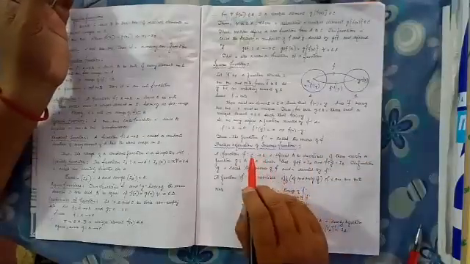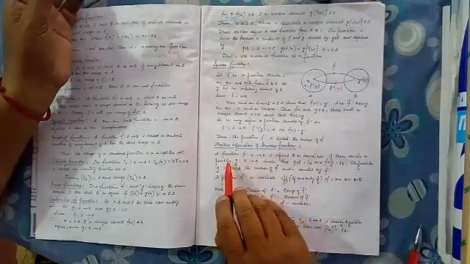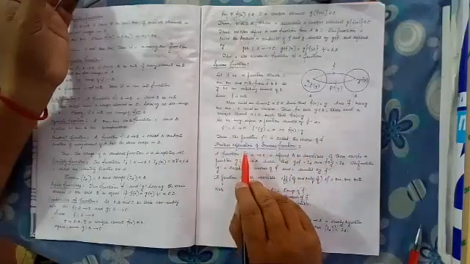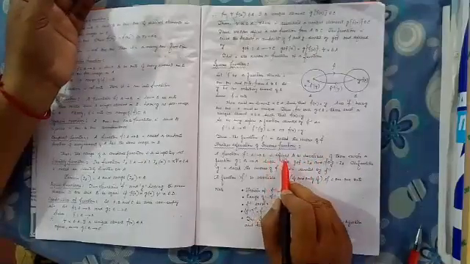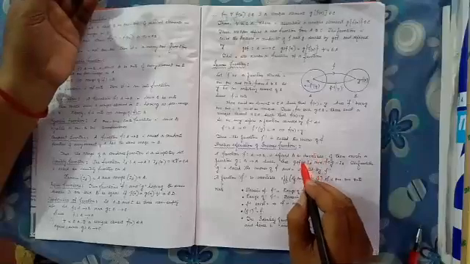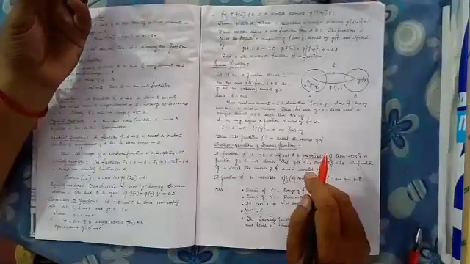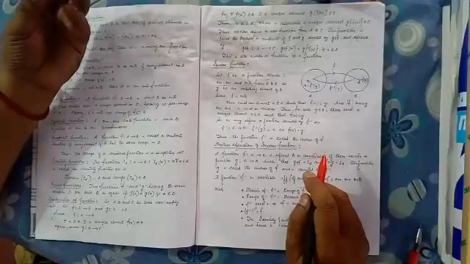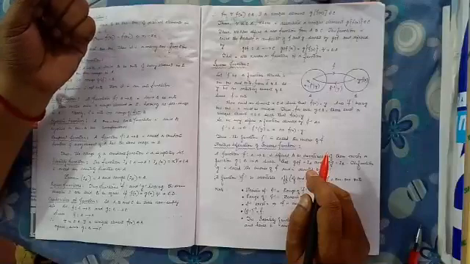Now, another definition of inverse function. A function from A to B is defined to be invertible. Now what is invertible function? Invertible function means if the inverse of the function exists, then it is called the invertible function.